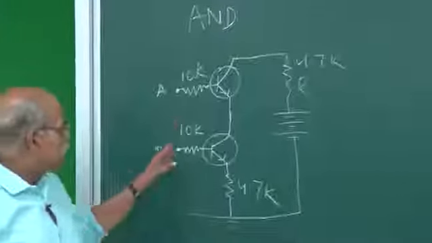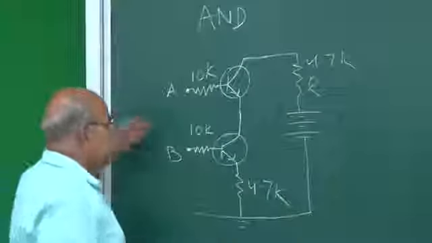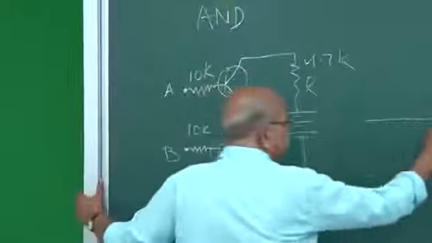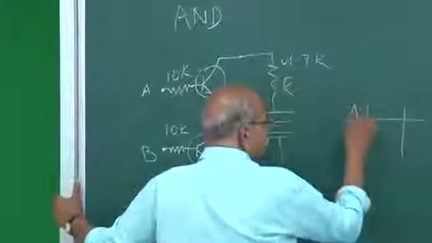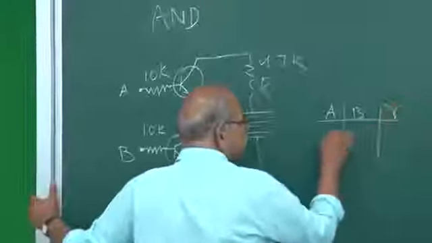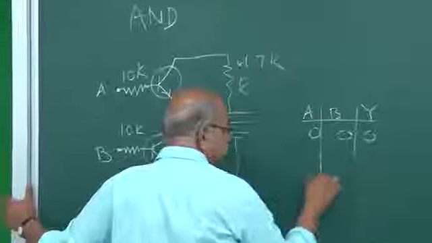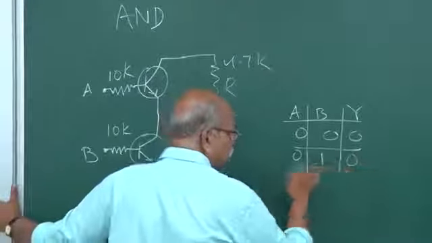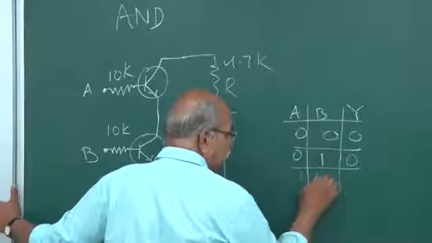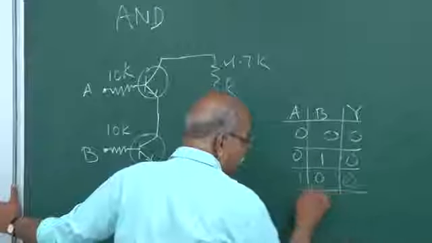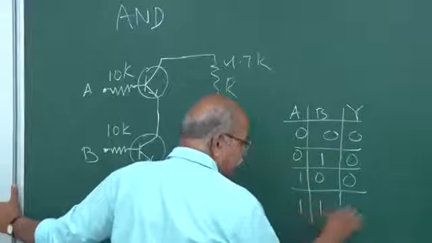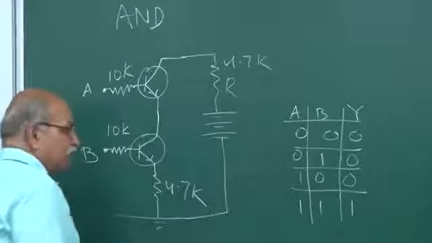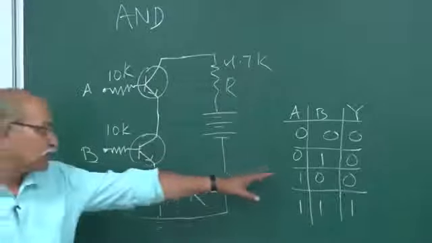So, what happens if these A and B, which are the input points? Remember for AND gate what I need is the truth table: 0 0 0, and then 0 1 is also 0, 1 0 is also 0, and only if both the inputs are high the output is high, that is the truth table.